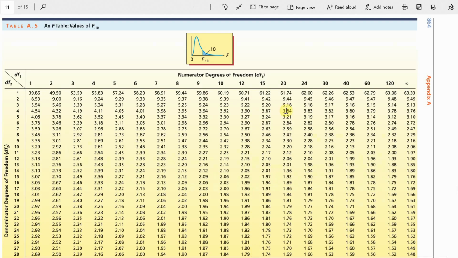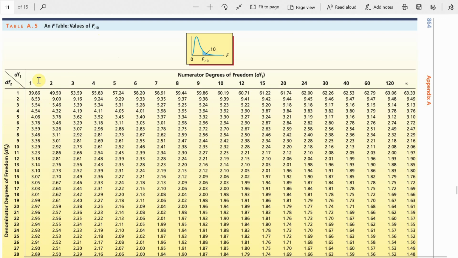Very quickly here, this is one table of the F distribution. So you will have a different table for different alpha values. Here we are looking at a table for alpha equal to 0.10. And for alpha equal to 0.10, we've got here a different set of F distributions. These are all the F points.